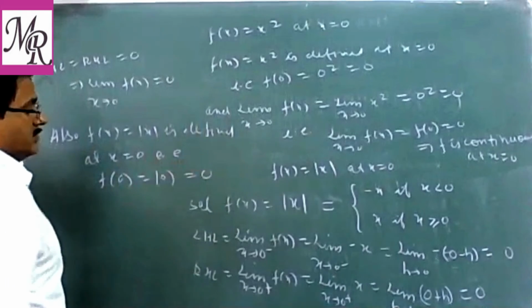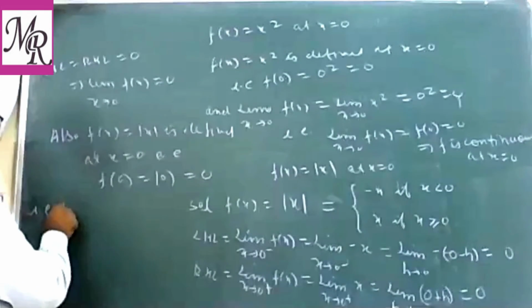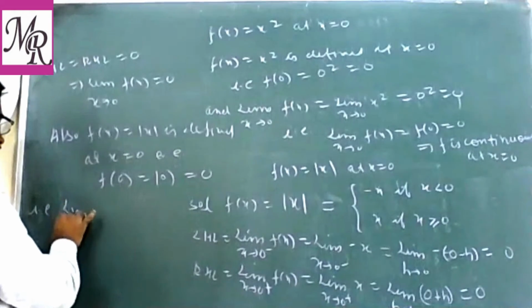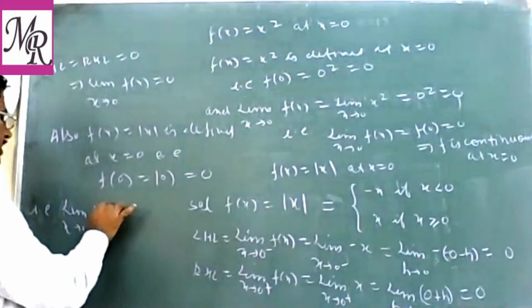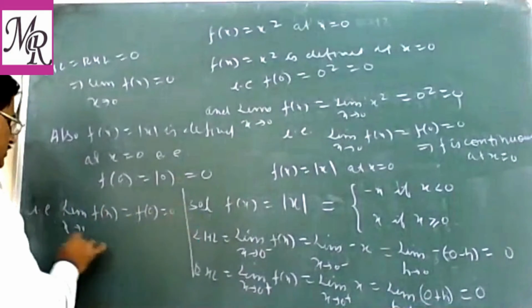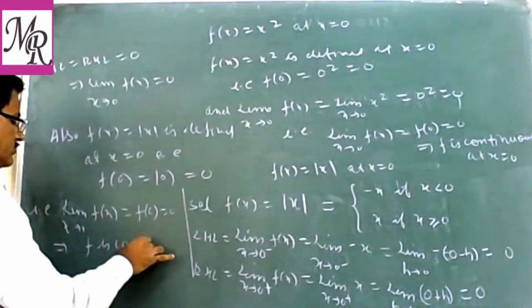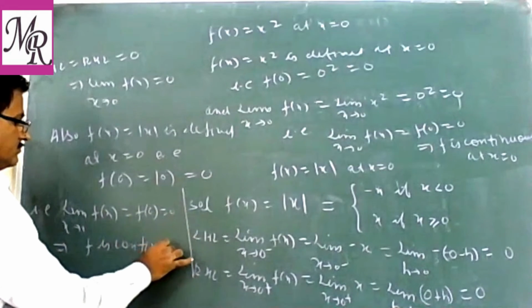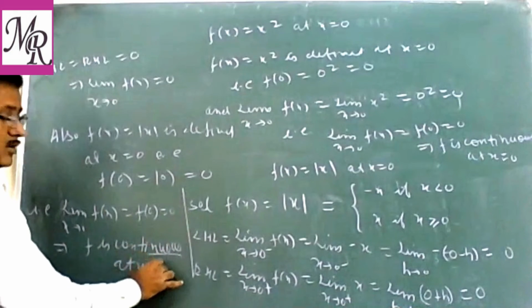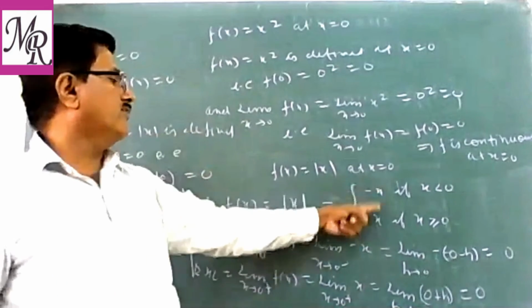So again we get limit x tends to 0 of f(x) equal to value of the function at that point. So we can say f is continuous. The function is uniquely not defined, that's why we have defined it in two ways.